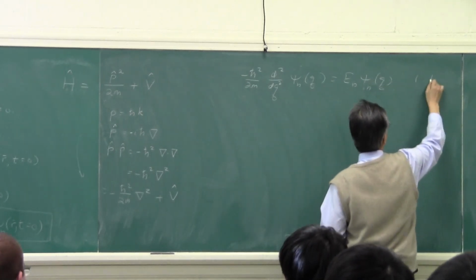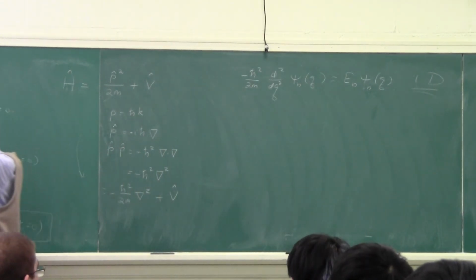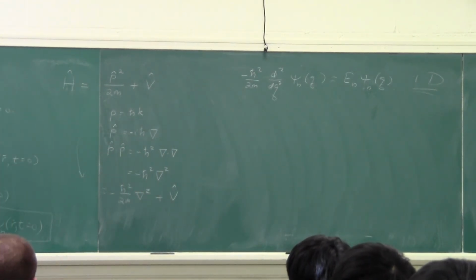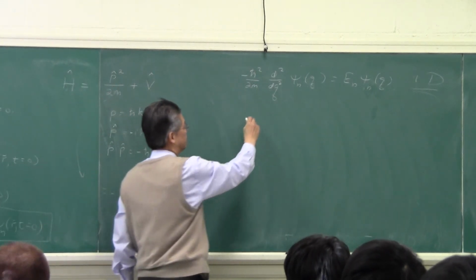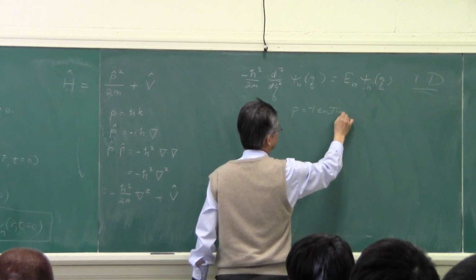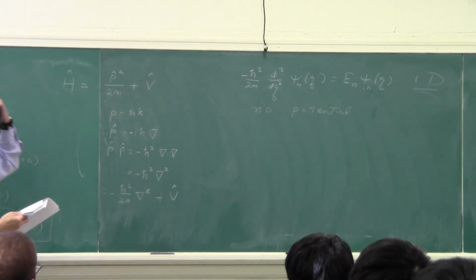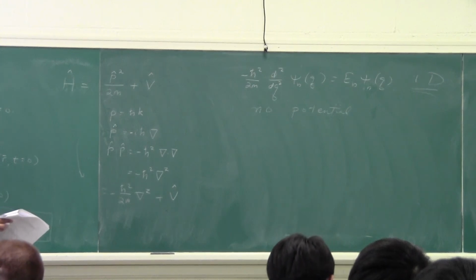This is 1D. In the 1D Schrodinger equation, we just have that, and no potential to trap the particle. So this particle is free to roam. It can go anywhere it wants to.